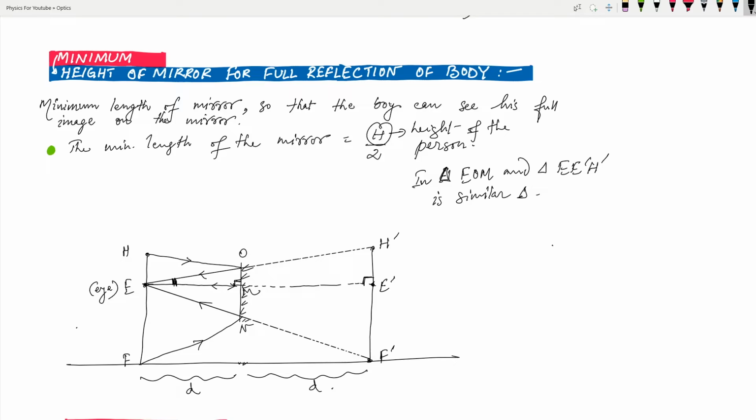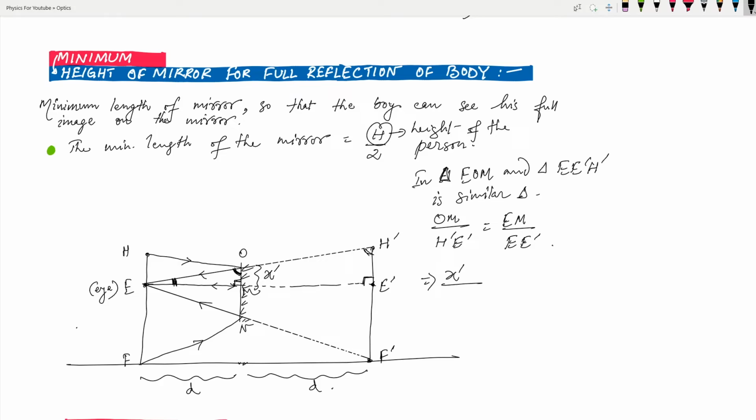Since two of the angles are equal, the third angle, angle O, is equal to angle H. This has to be. I hope this is clear. If this is clear, then the rest of the thing is just simple mathematics. From the properties of similar triangles, OM divided by H dash E dash is equal to EM divided by E E dash. Now let's say that OM is x dash.